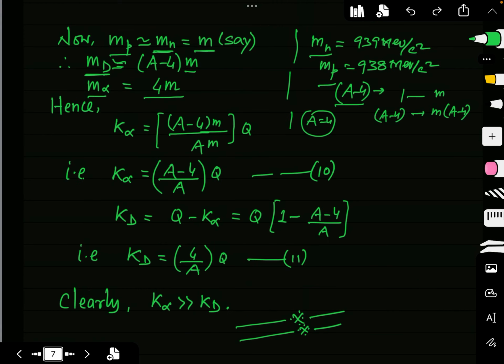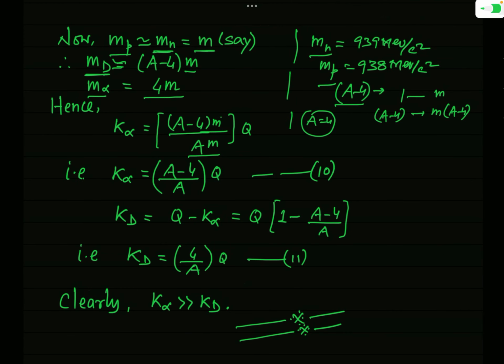So in the denominator the total mass will be A into m. Now this m and this m will cancel out, and this K_alpha is approximately equal to (A minus 4) over A times Q.